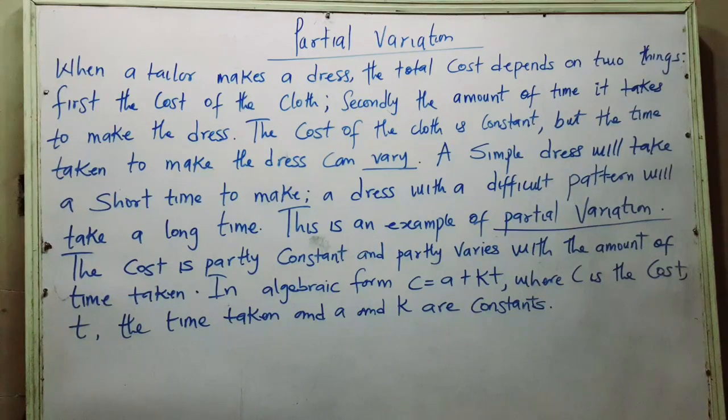When a tailor makes a dress, the total cost depends on two things. First, the cost of the cloth. Secondly, the amount of time it takes to make the dress.